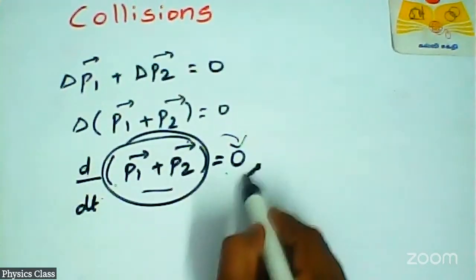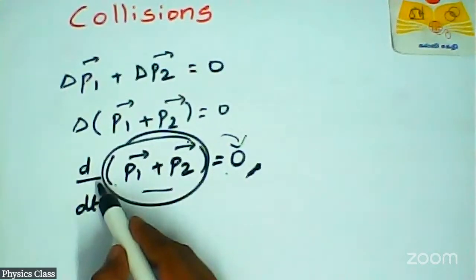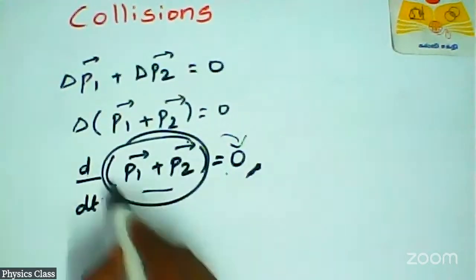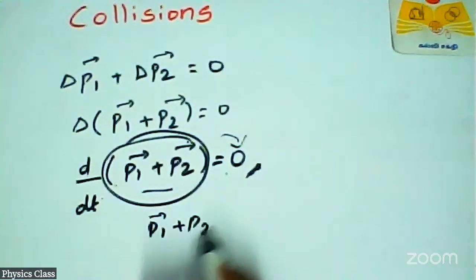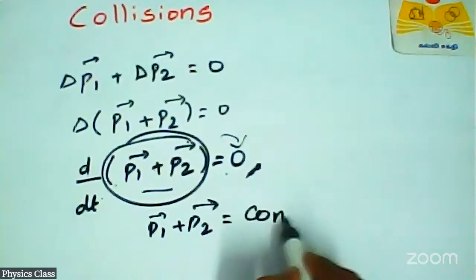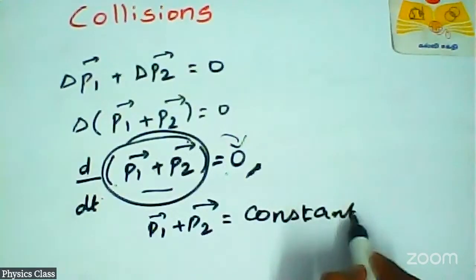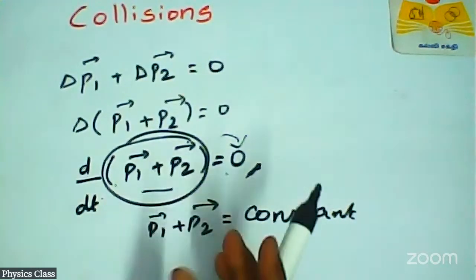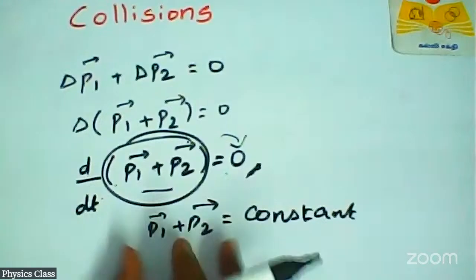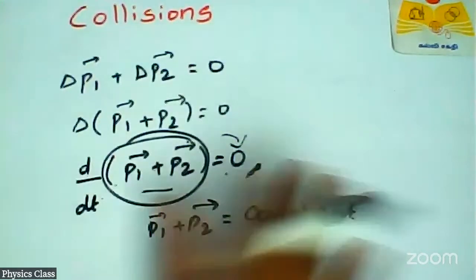Whenever 0 appears after differentiation, the quantity is a constant. So here P1 plus P2 is constant. So in this expression, we have P1 plus P2 equal to constant. It implies that total linear momentum is conserved.